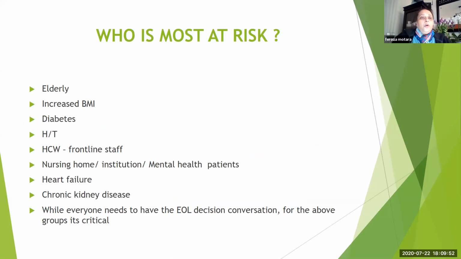Obviously our more obese patients, and those with uncontrolled diabetes and hypertension. It's important to remember that diabetics and hypertensives, well controlled, are generally not as at risk as compared to patients who are uncontrolled. Our frontline healthcare workers, people who live in nursing homes or institutions, our mental health care patients, and patients with chronic diseases, heart disease and kidney disease.